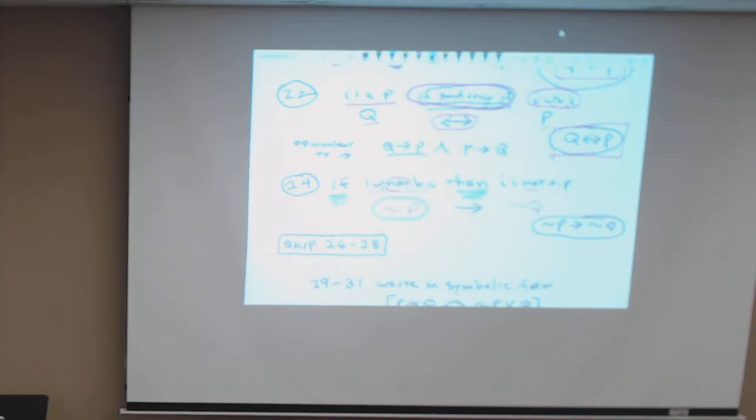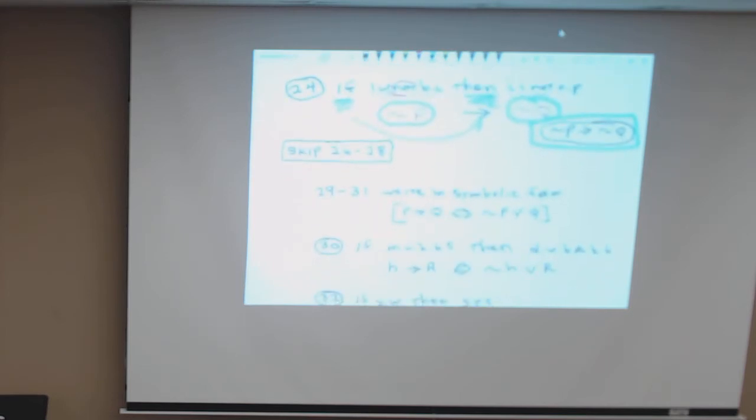Not P. Everybody see that? And if Q is it's a poodle, if it's not a poodle, then I would put a not in front of Q. And the if then would be this little arrow here. So there's the symbolic form for this statement right here. If not P, then not Q. You got that? I'm just taking words and translating into symbols.